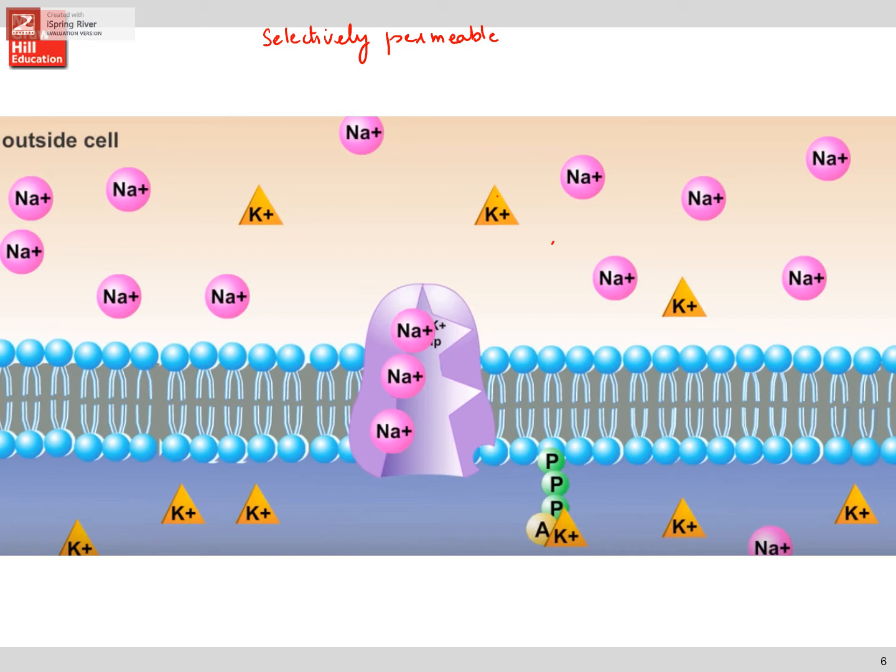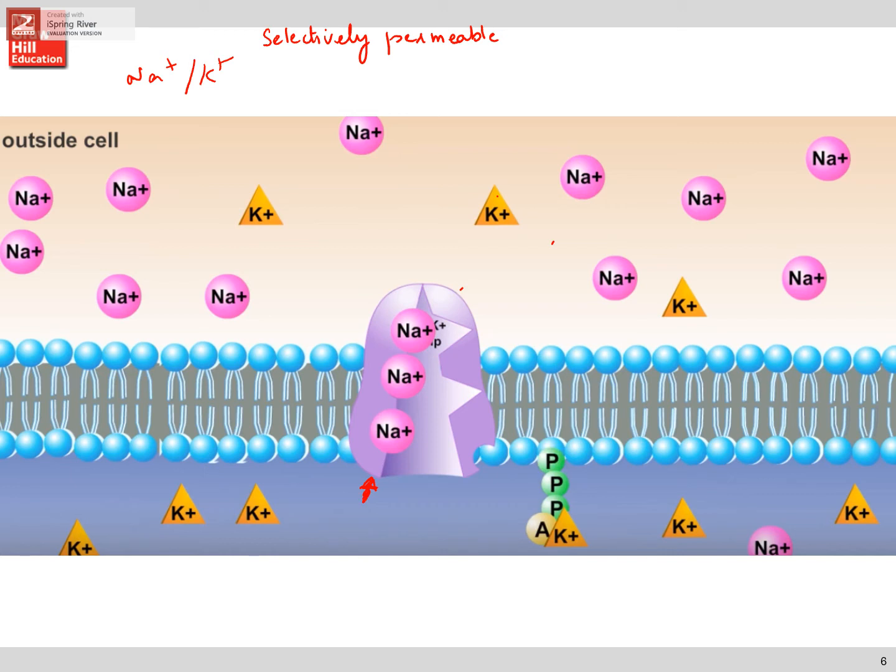They require the assistance of transmembrane channel proteins to move in and out of the cell. Okay, so ions use a lot of different transmembrane channel proteins to move in and out of the cell. One of the most important channel proteins that you have studied in the past is the sodium-potassium pump. Okay, the sodium-potassium pump, and that pump is shown over here.